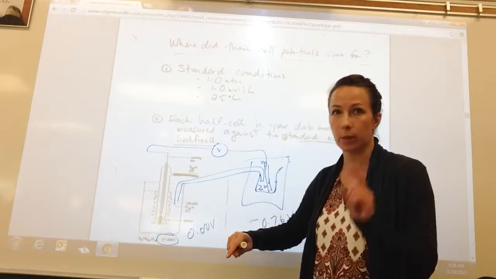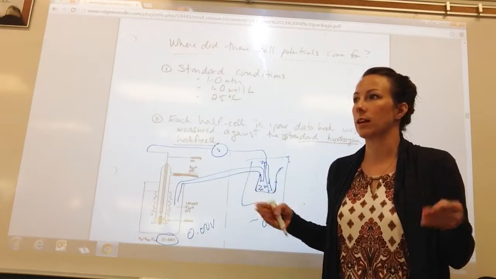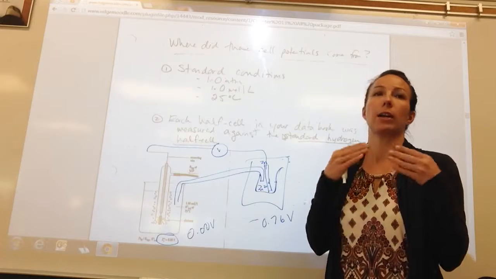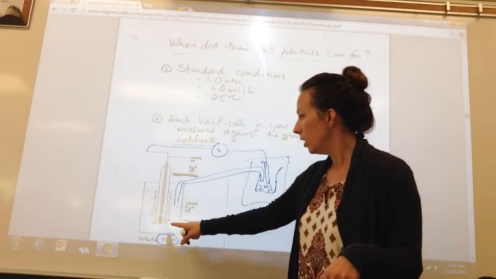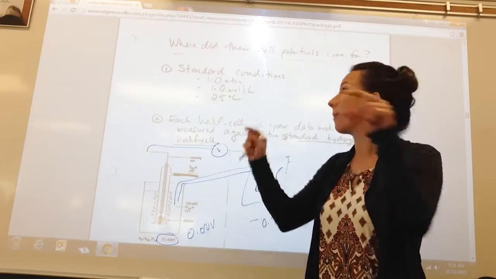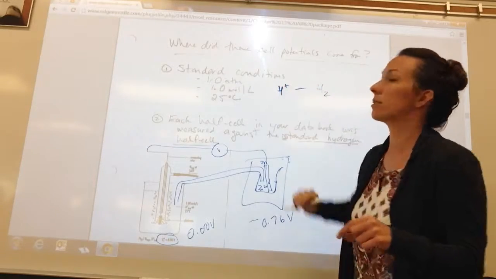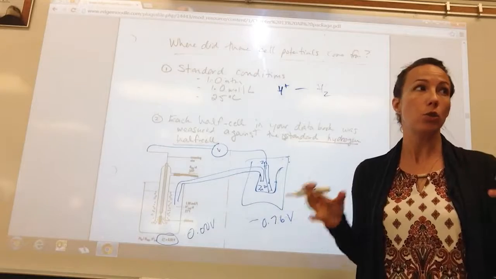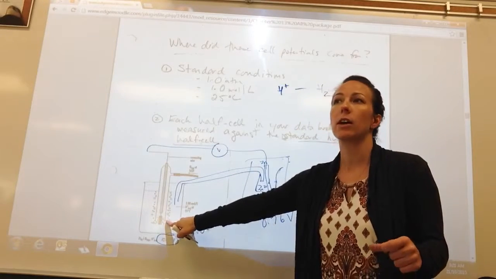Okay. So when they hook this up to the hydrogen half cell, if you notice, it's got a platinum rod because it needs to be inert. The hydrogen half cell has to have an electrode, and I'm going to pick an inert electrode. And it's in H+ and H2 gas. Why H+ and H2? Well, because on that little thing with the hydrogen, the other side is an H+. So I want an H+ H2 combination, and the H+ is going to make my H2 bubbles there, and some platinum.